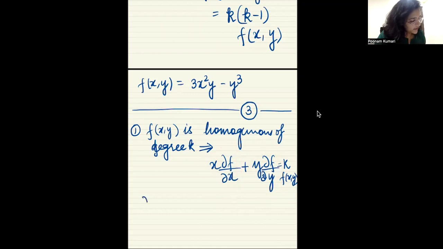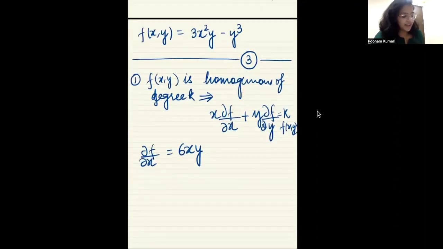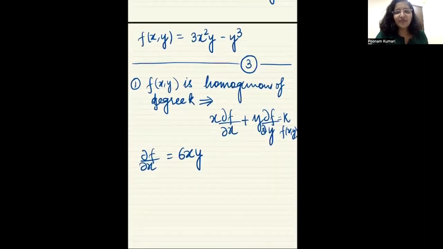So what is the partial derivative of f with respect to x? 6xy. Yes. That's all? Yes, ma'am. Okay. So I am assuming by now all of you know how to do partial derivatives. With respect to whichever variable we are taking the partial derivative, all the other variables we keep constant.